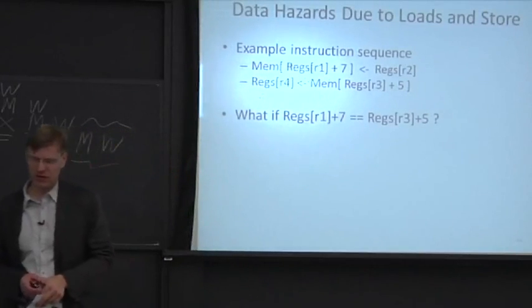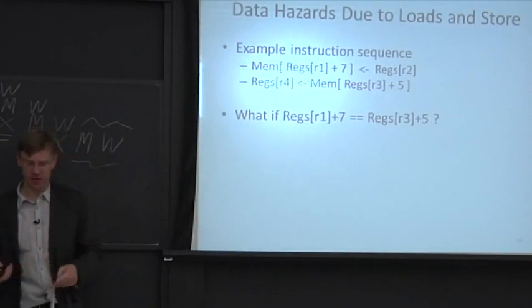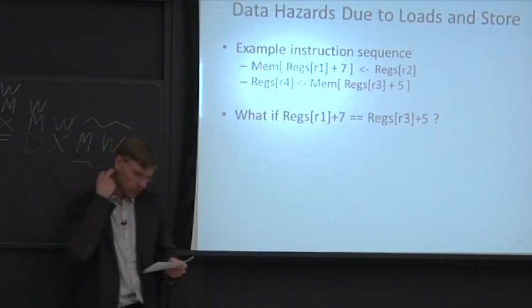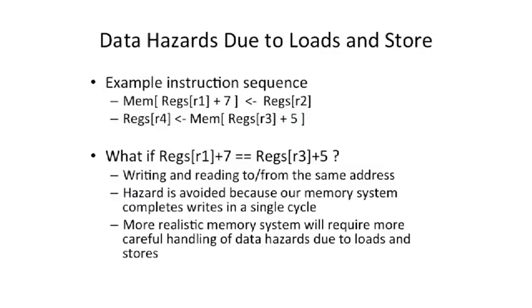So what if R1 plus 7 is equal to R3 plus 5? Well, first of all, we're writing and reading to the same address in time, right next to each other. Well, our hazard is actually avoided because our memory system is so fast.